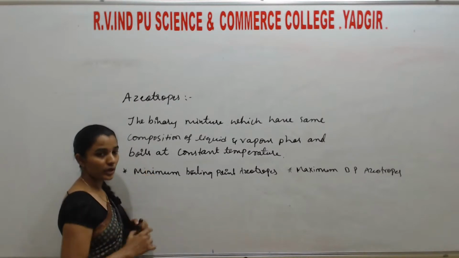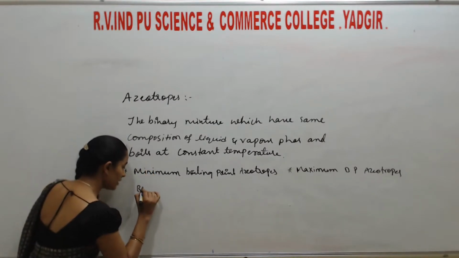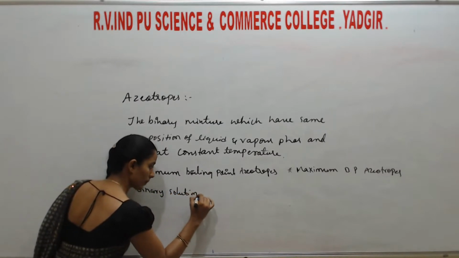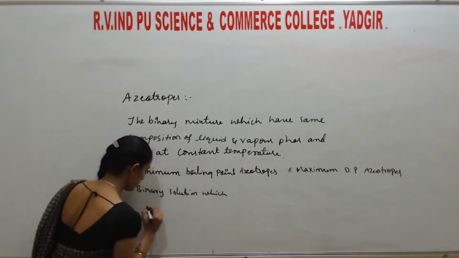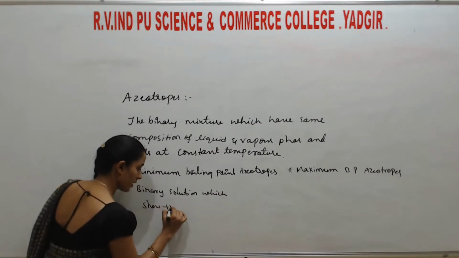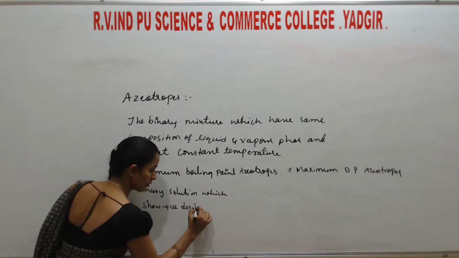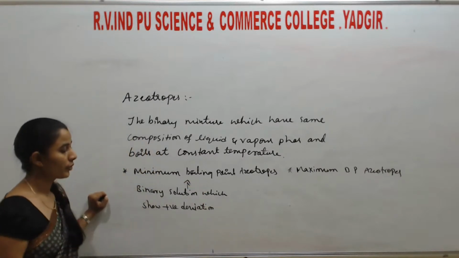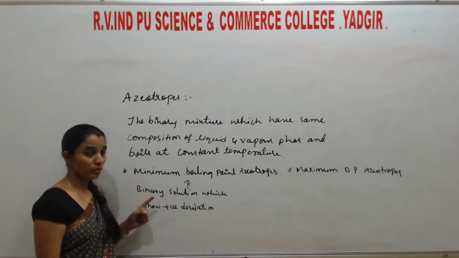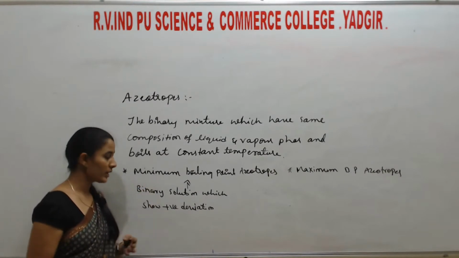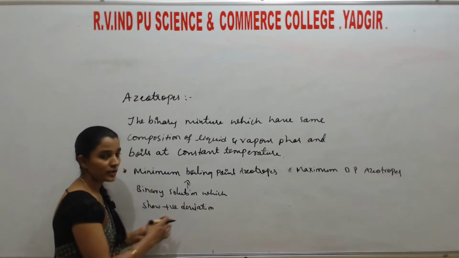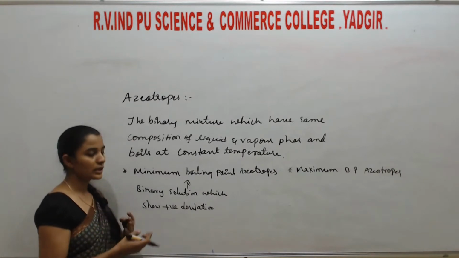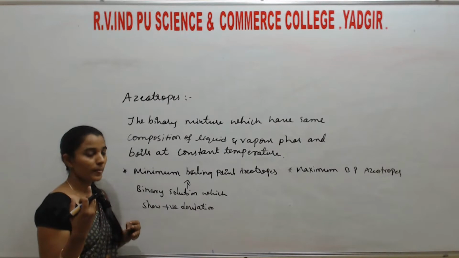So in positive and negative deviation, binary solutions which show positive deviation are called minimum boiling point azeotropes. Why? As I told you, positive deviation means the solute-solvent interaction is less, so the component easily escapes from the solution.